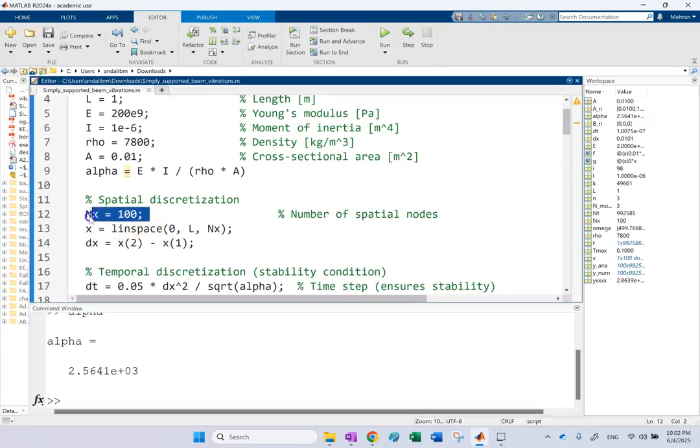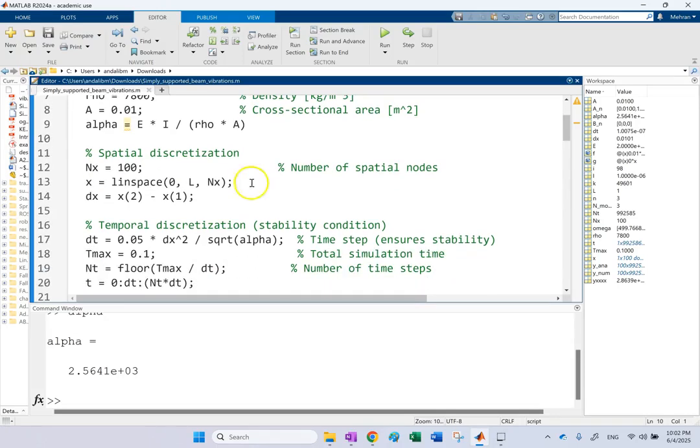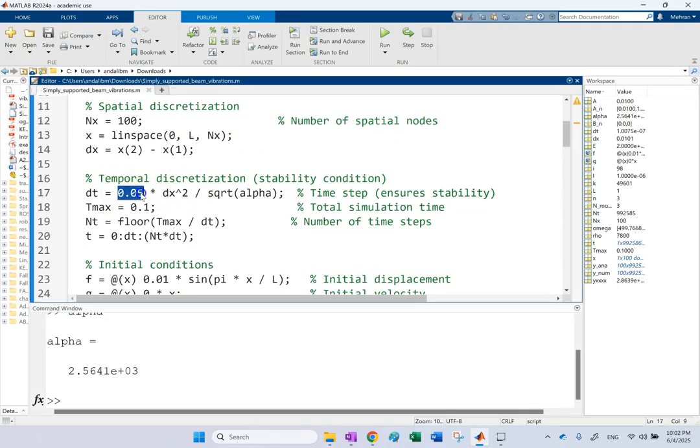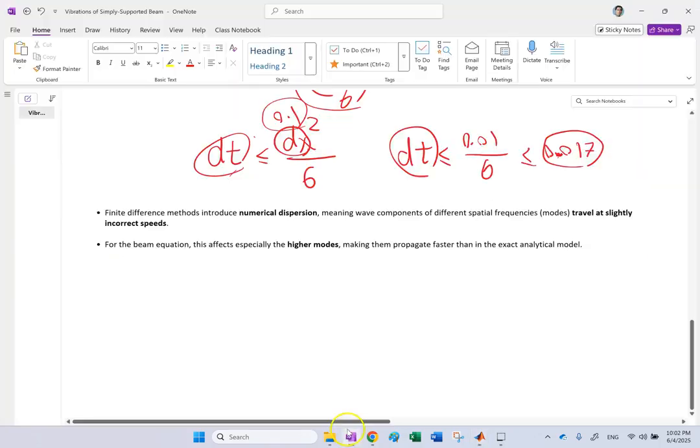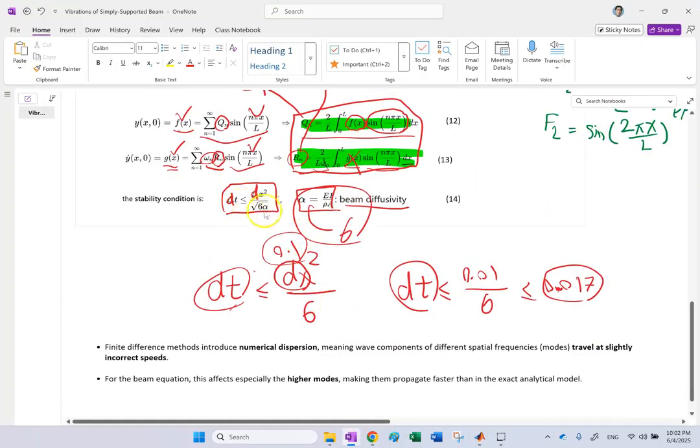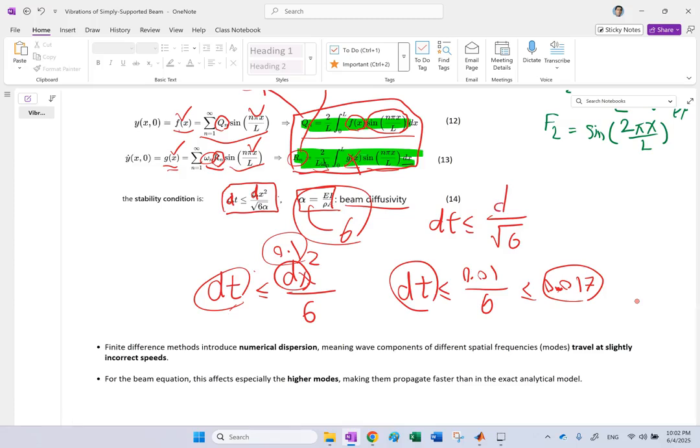I'm using 100 elements in this beam, so each element has 0.01 length. And then this number that I chose is even less than this threshold here. Because if you calculate this, you can write dt less than or equal to dx squared divided by square root alpha divided by square root 6, and 1 over square root 6 is approximately 0.4.